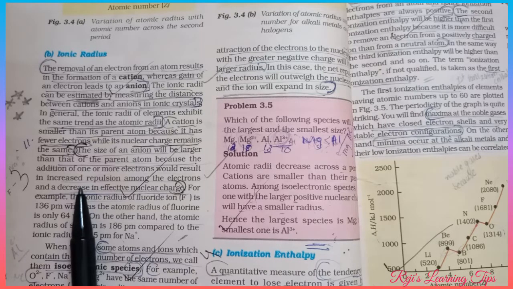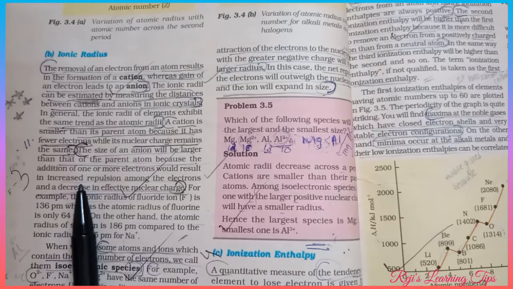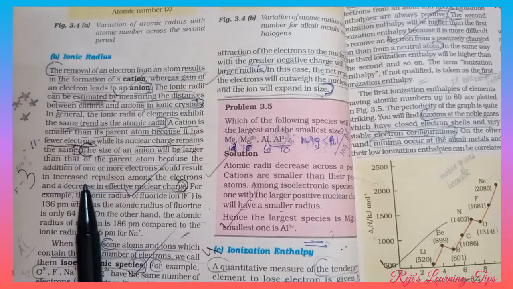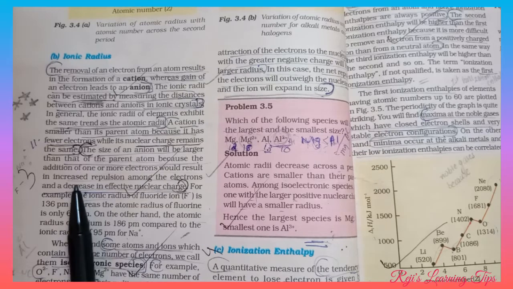In the case of Cl minus ions, it has 18 electrons and 17 positive charges. So this 17 positive charge finds it very difficult to hold the 18 negative charges. Therefore, the effective nuclear charge decreases. In addition to that, there is increased repulsion among the electrons. So the size of the anion will be larger than that of the parent atom. Okay, that is very important.